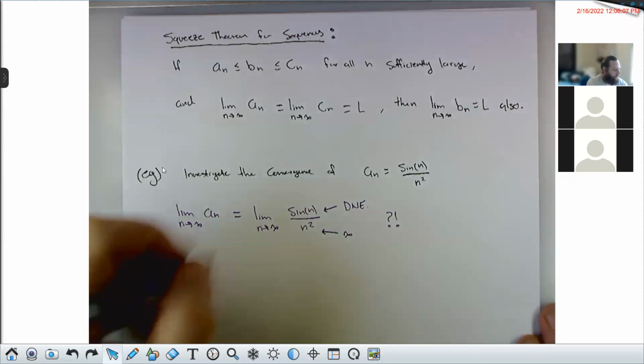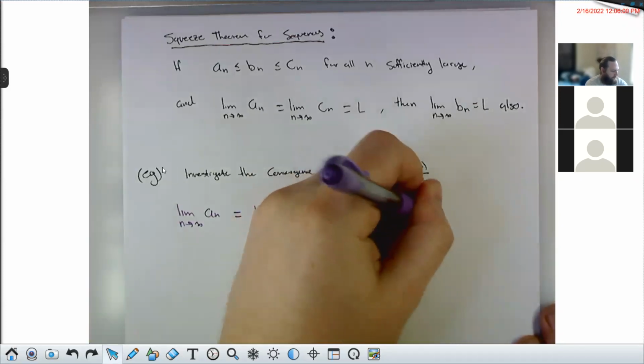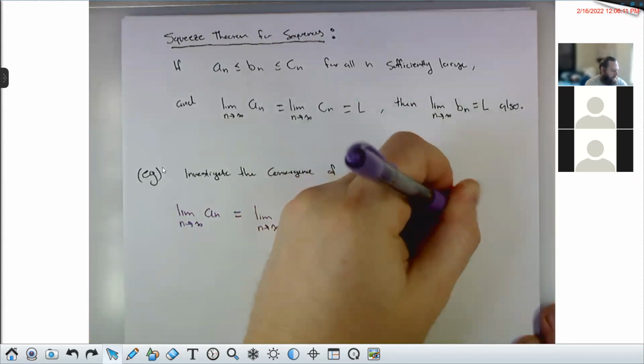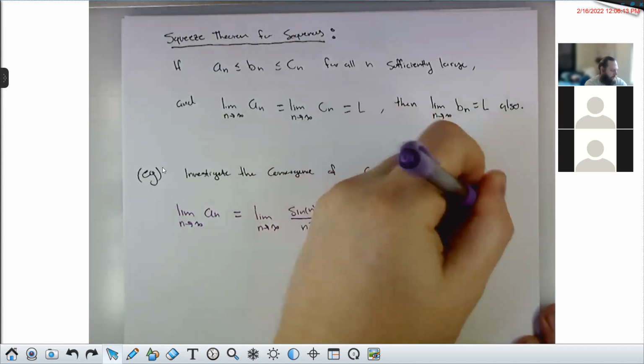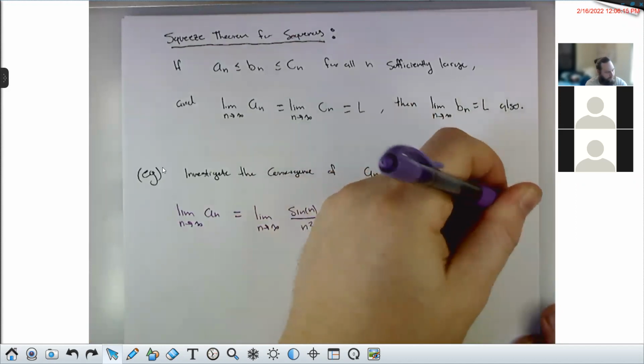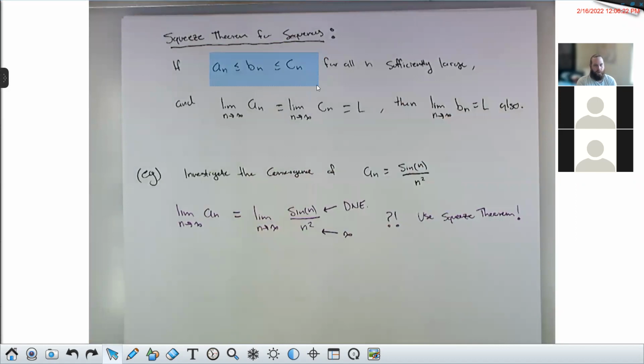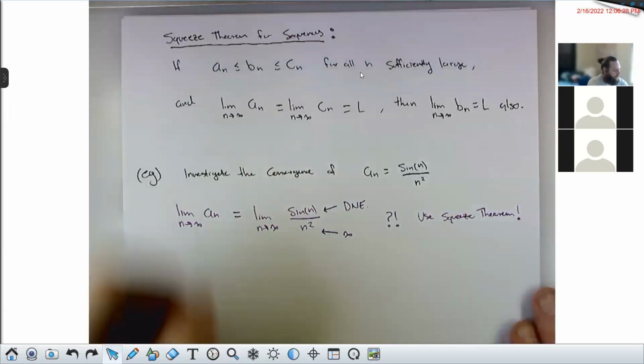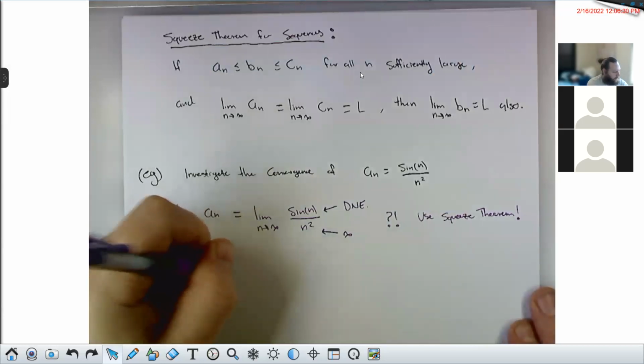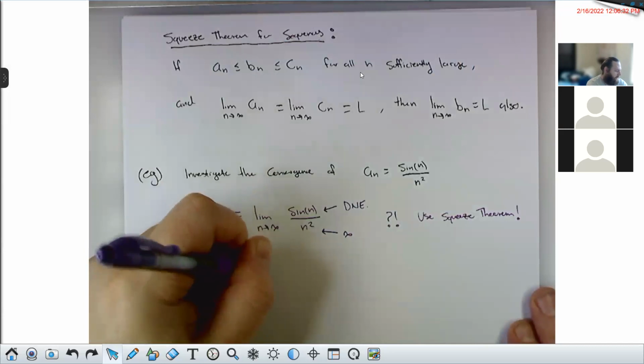So we can use the squeeze theorem. The squeeze theorem relies on an inequality. You have to have an inequality of this form, and you have to tell me for what values of n that inequality is true. The natural place to begin here is with the sine function.